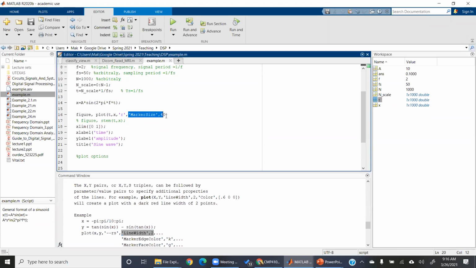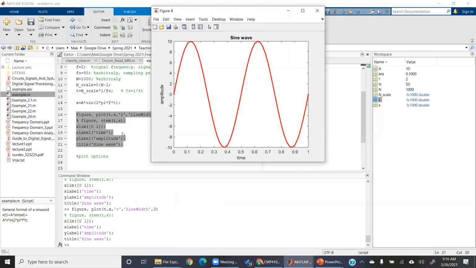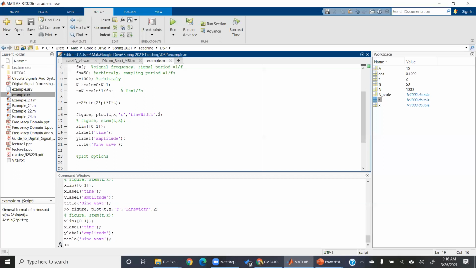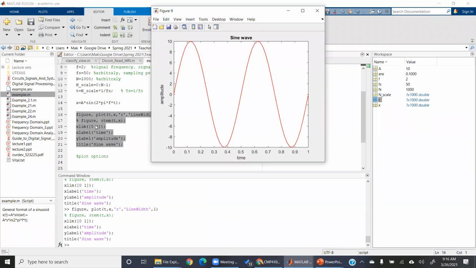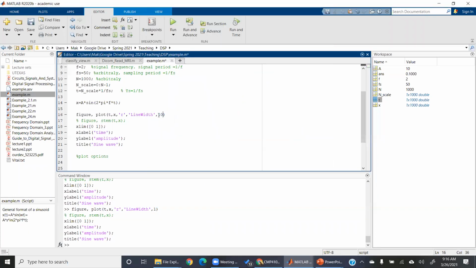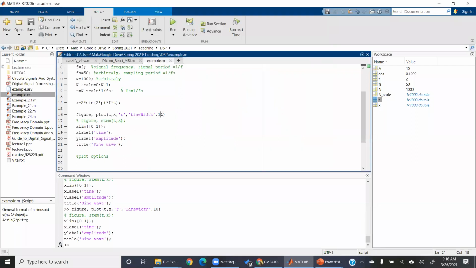It's not marker size. So if we use 2, see that? If I make it 1, then the plot is going to be thinner. If I make it 10, even thicker. Yeah, so I want you to take interest in some of these functions that you're going to be using time and time again.